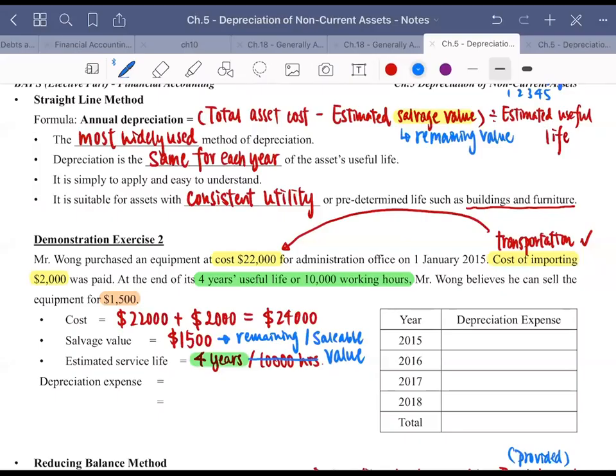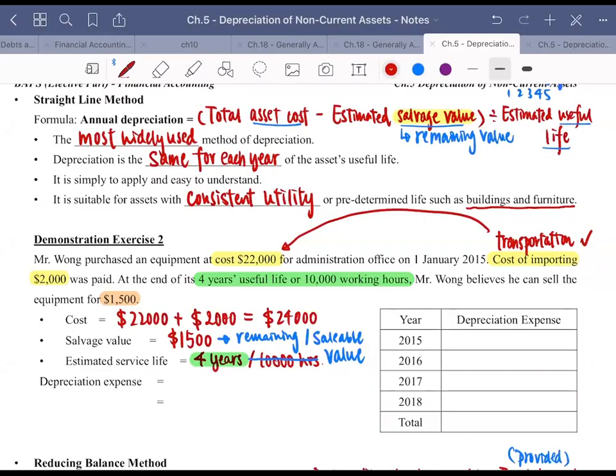So after we have found all the key points, the main numbers we are going to use to calculate our depreciation, we are going to put all these numbers into the formulas above, like the total assets cost, the salvage value, and the estimated useful life. So in this case, the depreciation expense, very simple.